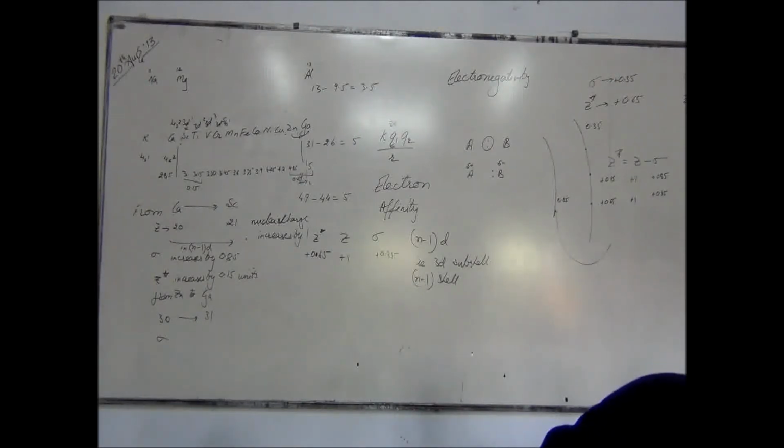So the overall shielding constant increases by 0.85, the nuclear charge increases by 1, and so the effective nuclear charge increases by 0.15.